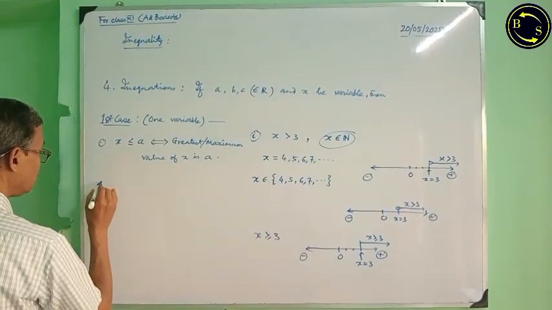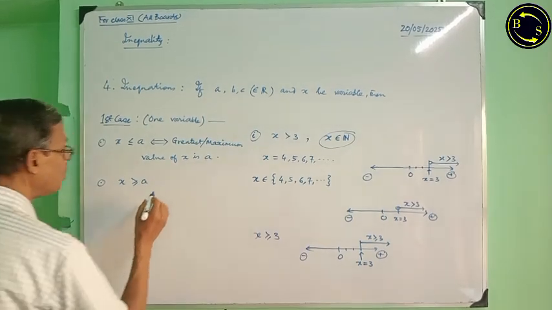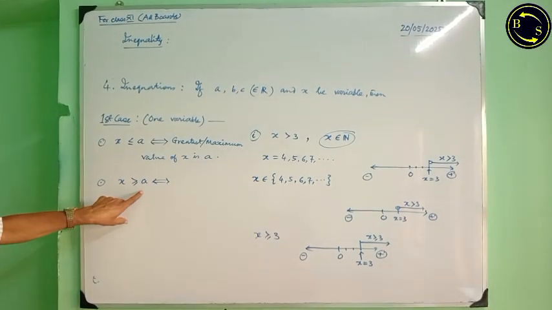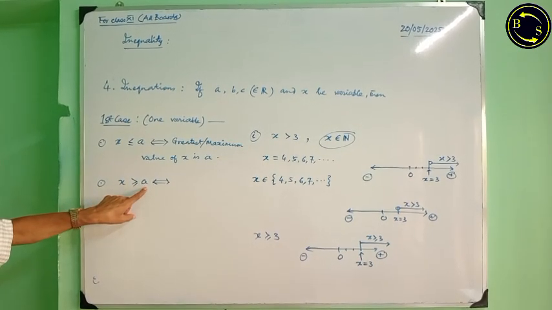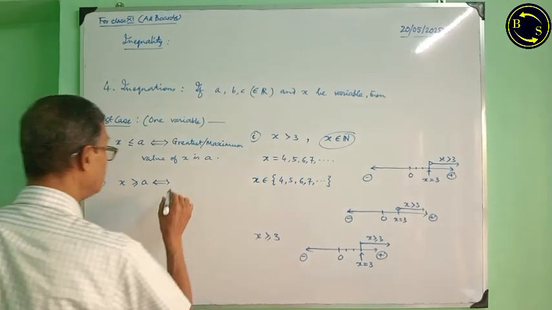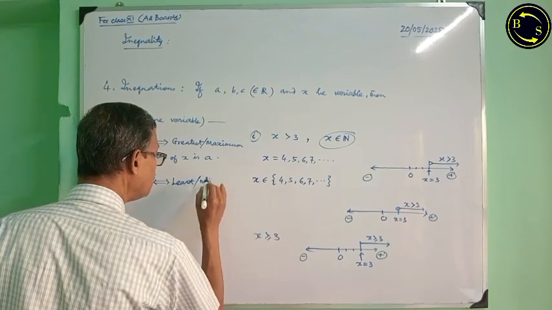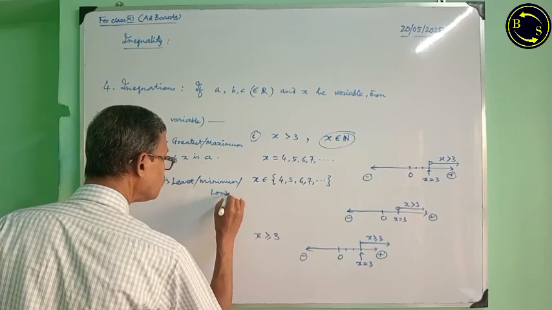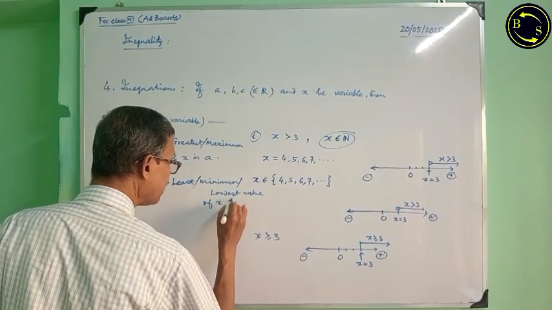Then, x greater than or equal to a means that the lowest value, or least value, or minimum value of x is a. X can take values a or greater than a, therefore the least or minimum or lowest value of x is a.